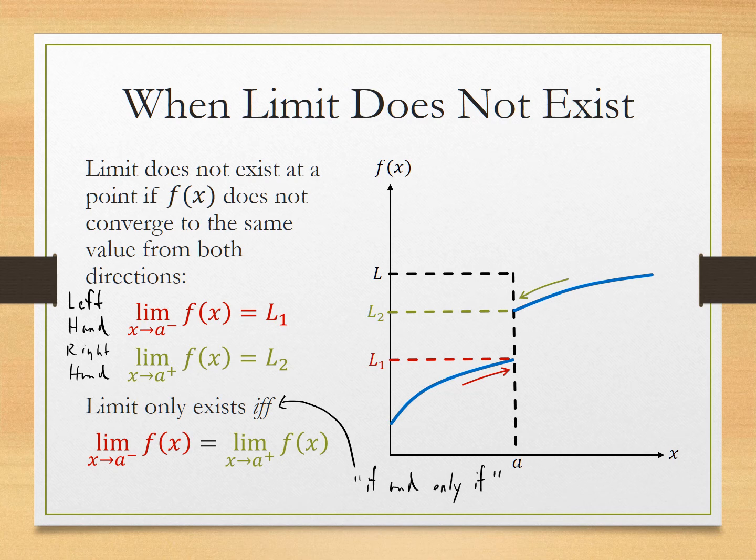It's important to note that the limit does not exist at A. The existence of a limit is relative to a particular point. The limit does exist, for example, at this point here, because at this point you can see that the function is moving towards the same value on both sides.